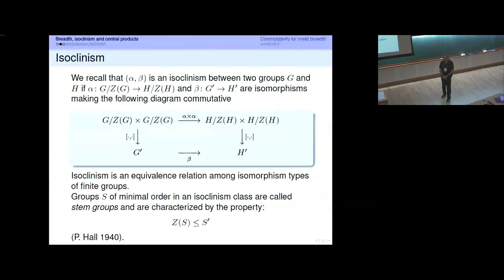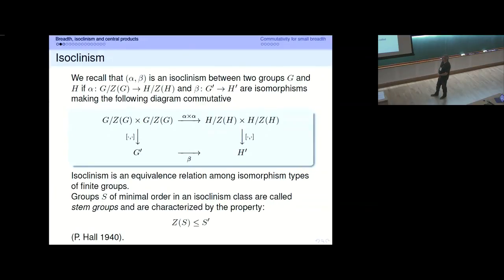I would think of an isoclinism as a sort of saying that the two groups have the same commutation structure. This is an equivalence relation among groups. And this concept of stem group has been spoken about by Primož as well.